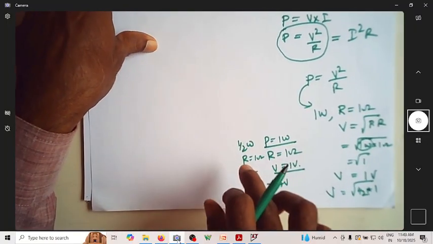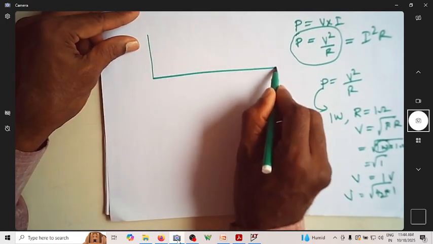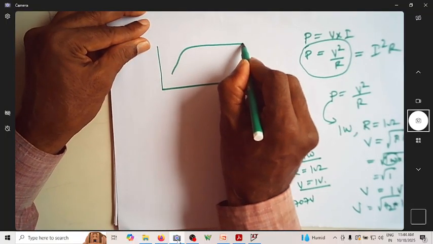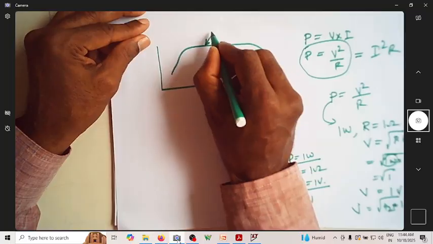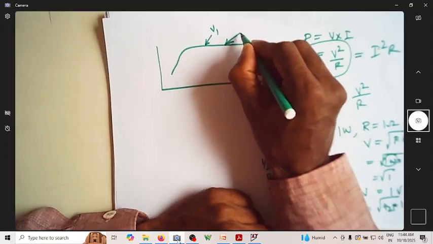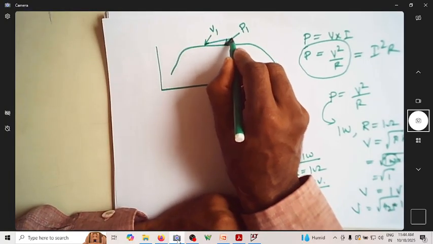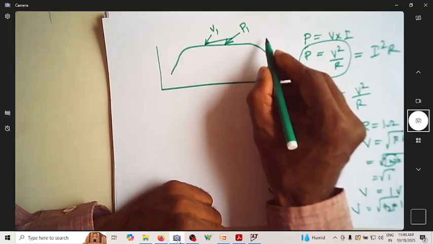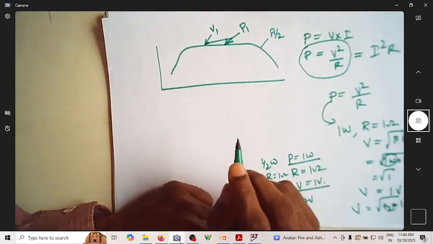Why are we trying to find this? Assume that you have an amplifier having this type of frequency response. At this point I have a voltage of V1, and a corresponding power of P1. Now let me find a point where there is P1 by 2 power.